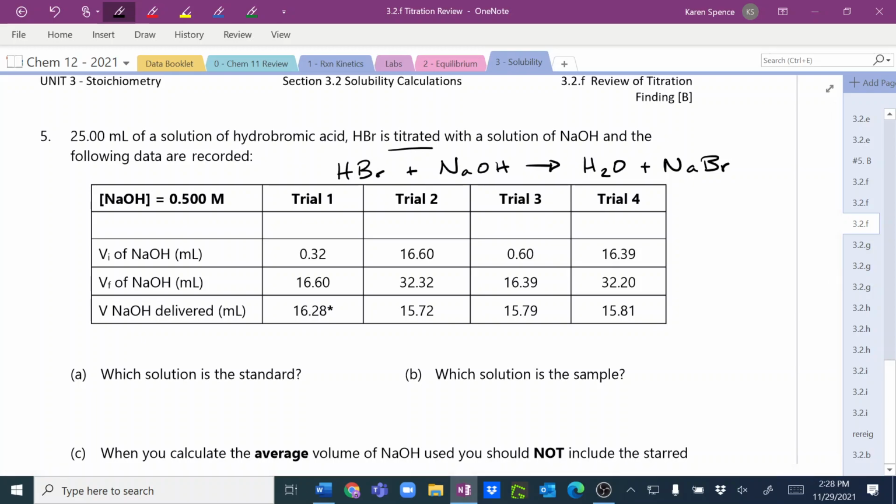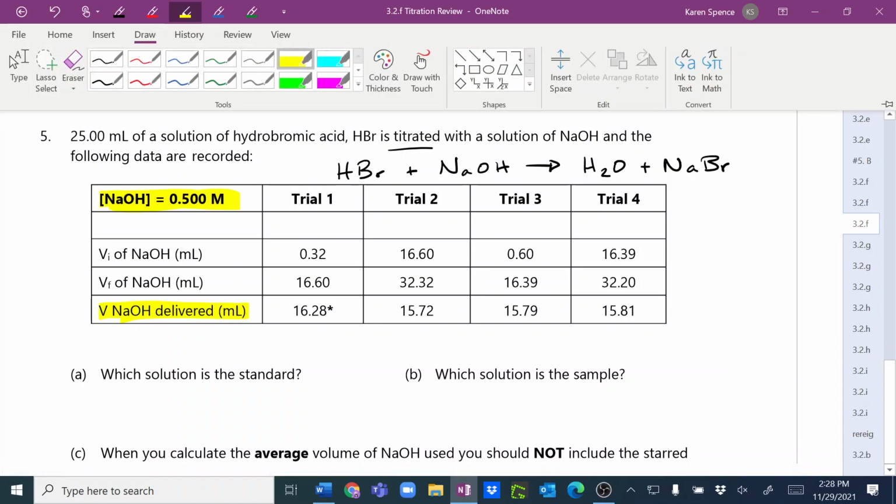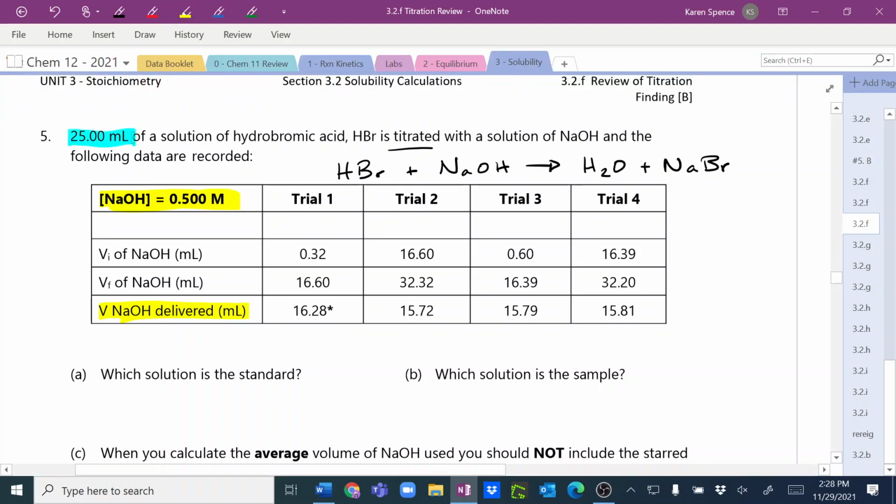Which solution is the standard? Well, we have some information given here about the sodium hydroxide. We know the concentration and we know the volume of the sodium hydroxide. We only know the volume of the HCl.